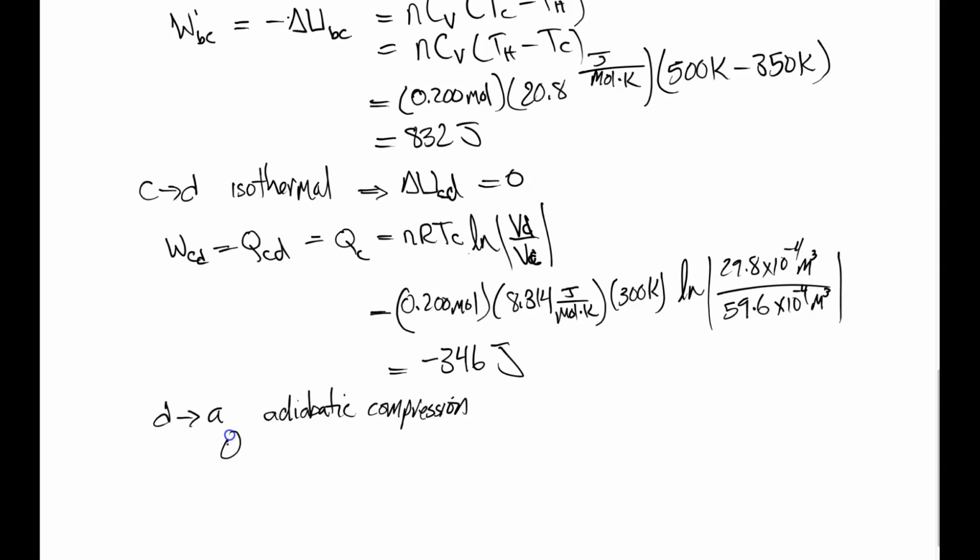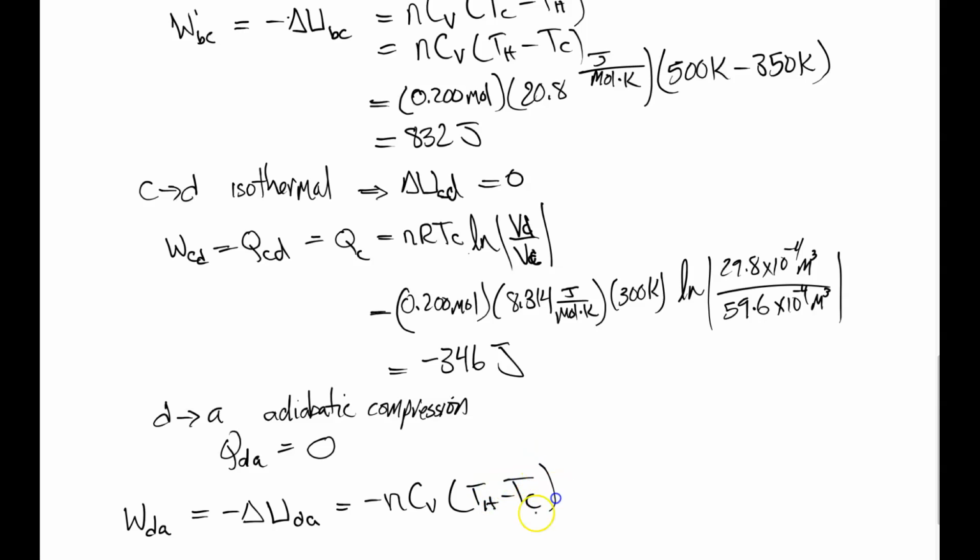So that means that the heat is 0, and the work for the process from D to A is negative the change in internal energy from D to A, which is minus nCV (T_H minus T_C), which is the same as nCV (T_C minus T_H).